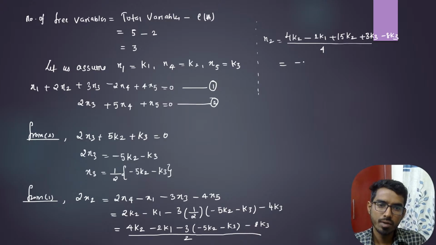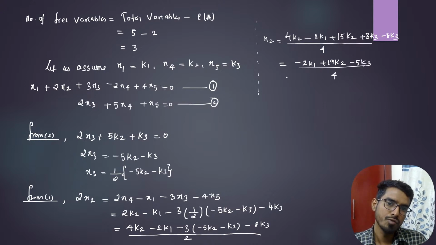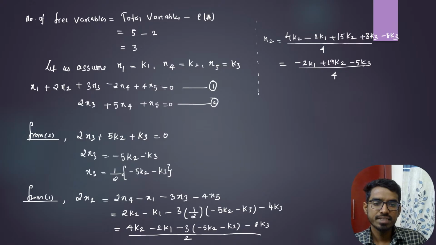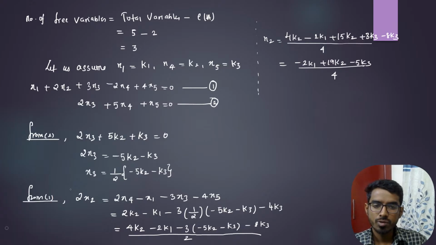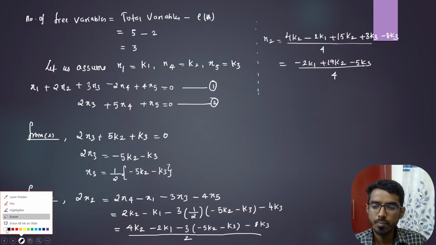So minus 2k1, 4k2 plus 15k2 is 19k2, and then we have minus 5k3, whole divided by 4. This is a solution. We can check whether it is correct or not. So let us take k1, k2, k3 all to be equal to 1, right?